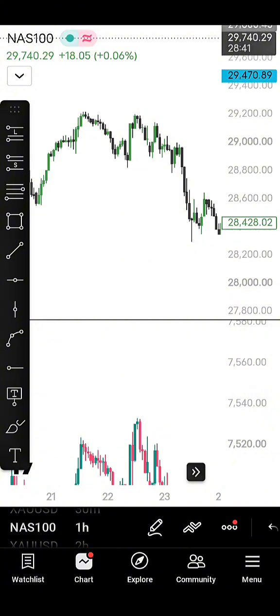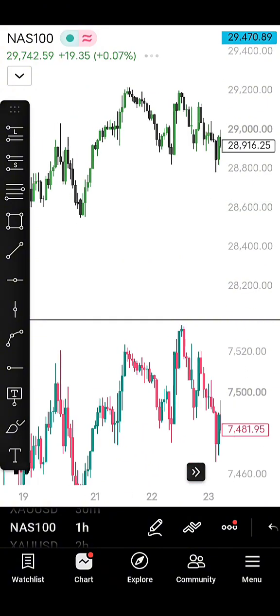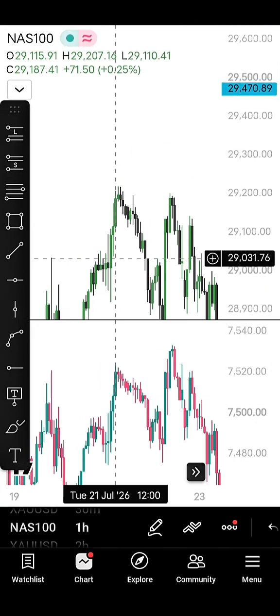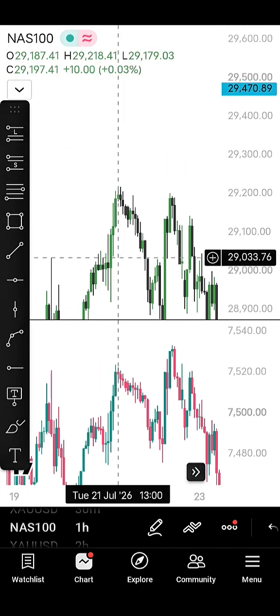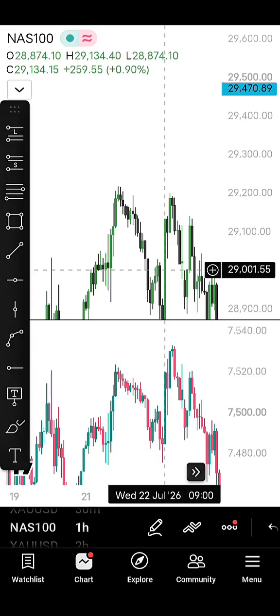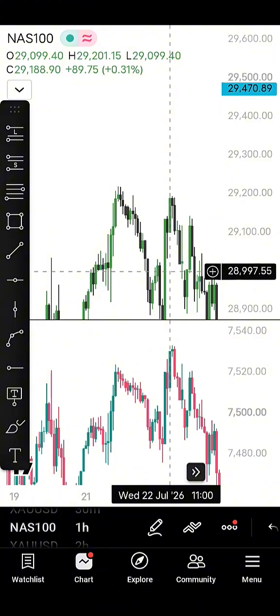This topic is pretty simple, but it needs some examples. Just watch this candle, around 1 p.m. EST. And now let's focus on the 12 p.m. candle.